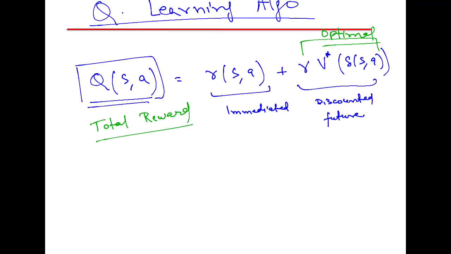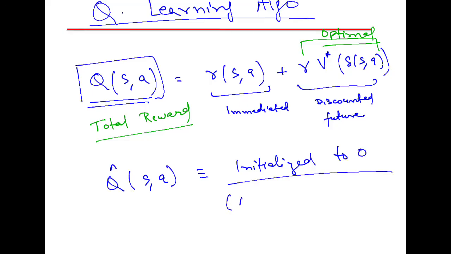So what we are going to do is maintain an approximation to Q, which we call Q hat, initialized, let's say, to 0. We are assuming all the rewards are greater than or equal to 0.